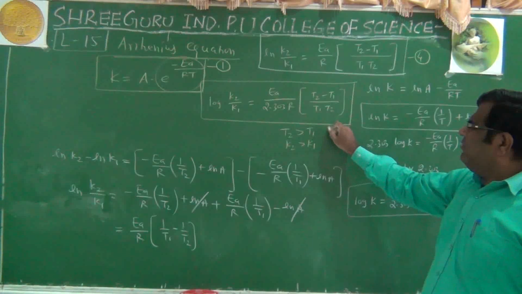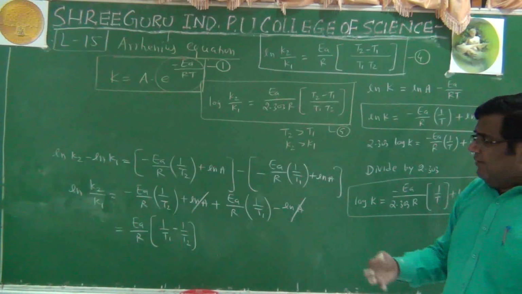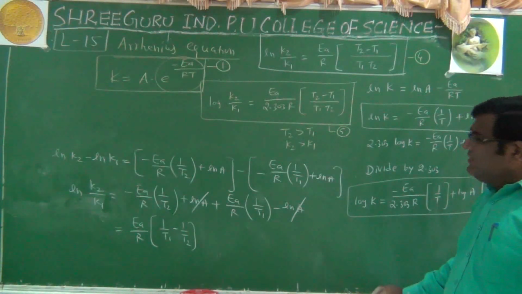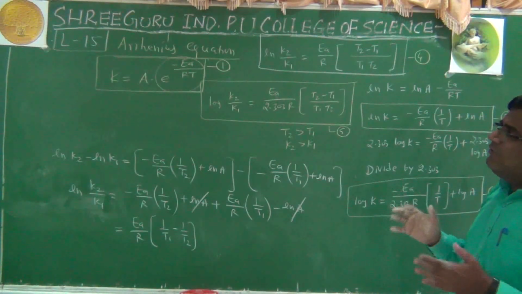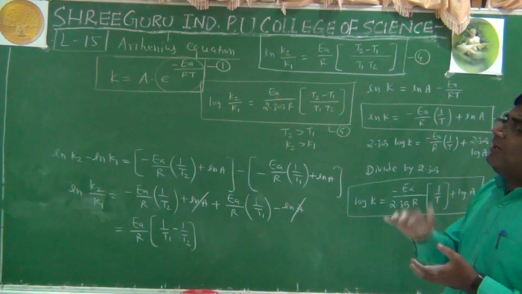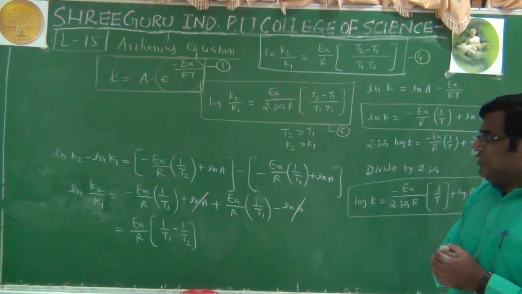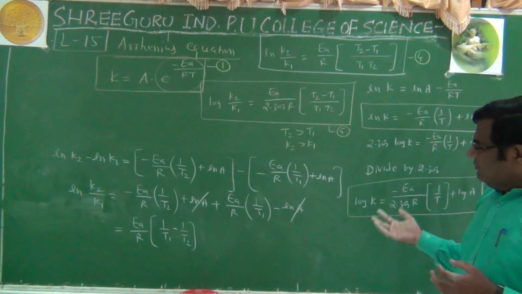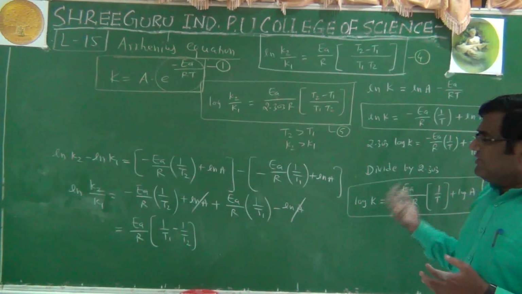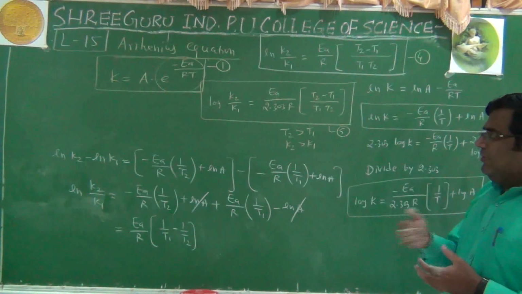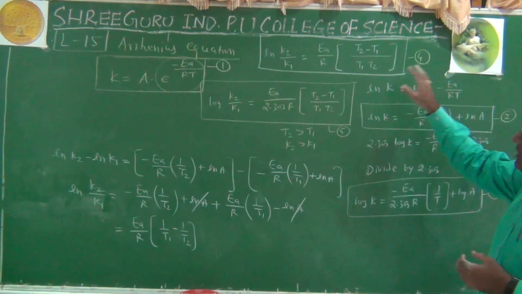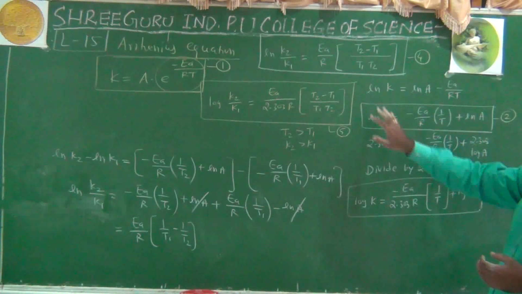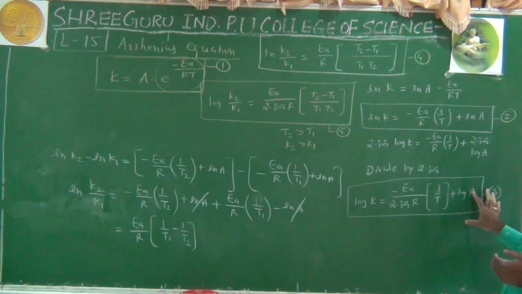One after another, we have just modified this equation, and it takes different forms. So all these equations are called the Arrhenius equation, and we'll solve some numerical questions also in the next class, after completing all this theory part. So whatever equations I have numbered, they are important.